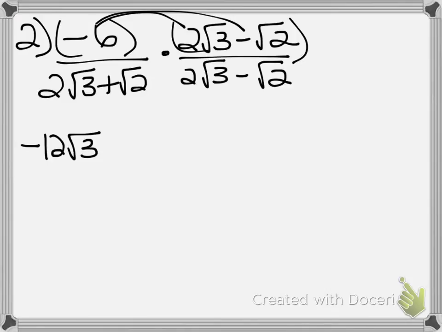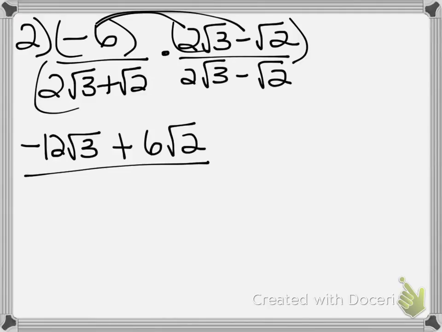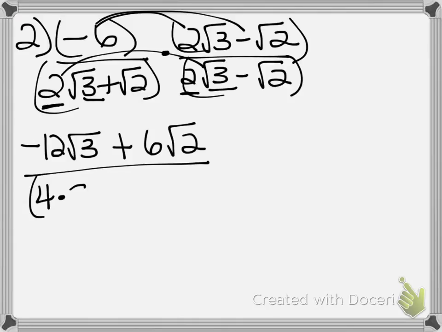And negative 6 times negative square root of 2 is going to be a positive 6 square root of 2. All over, and again, when I distribute, I have to do 2 times 2, which is 4, times square root of 3 times square root of 3, which is 3. And then it's going to be positive square root of 2 times negative square root of 2, which is just going to be minus 2.